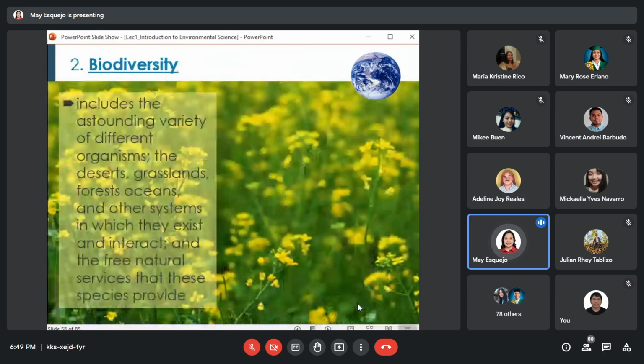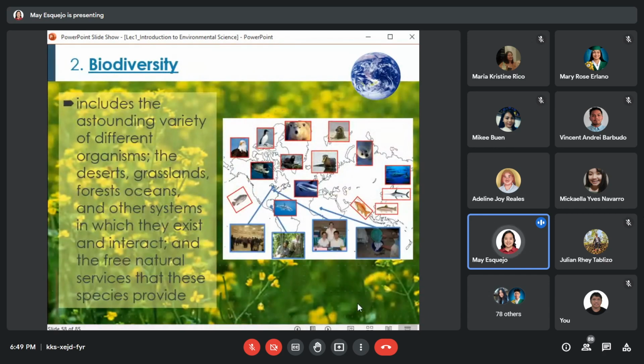You have the biodiversity, and this is very important for an area to survive, okay? Because we need different types of species, and then it means you have different interactions happening in that ecosystem. Kasi kapag walang ganon, madaling ma-extinct kapag isang type of species lang sa isang lugar.